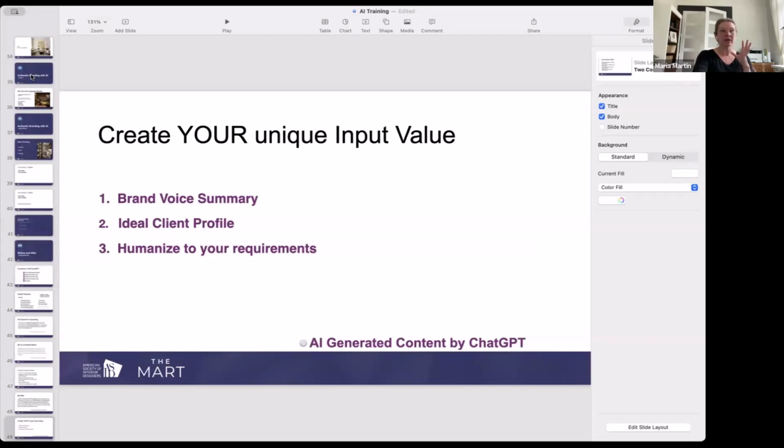So with each thread, when you use these tools like ChatGPT, you have a starting prompt. Within that starting prompt, you can input the information it needs to know: who you want to talk to, how you speak, whom you're talking to, and what your humanized requirements are at the beginning.